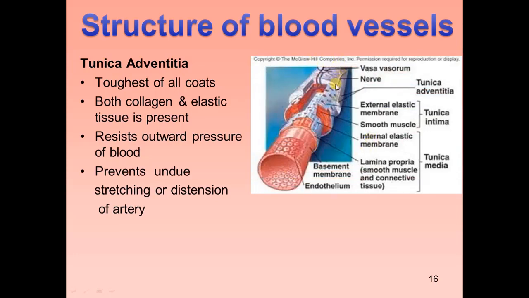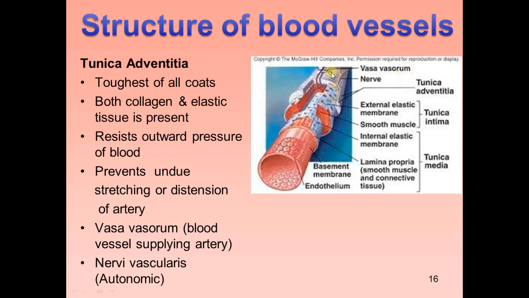And you are able to see some vessels and nerves also supplying the outermost coat, which are called the vasovasorum and vasonervorum. Vasovasorum is a blood vessel supplying a blood vessel. Vasonervorum is a nerve supplying the blood vessel. The vasovasorum is mainly responsible for supplying the outermost coat, because the endothelial layer and to some extent the media receive their nutrition by diffusion from the blood flowing inside the lumen.